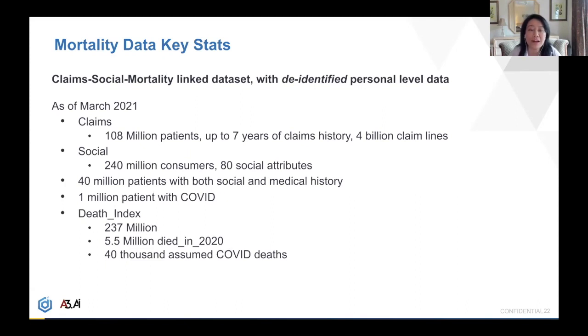About 5.5 million people have an indicator called died in 2020. And out of that, about 40,000 people are at the intersection of died in 2020 as well as the aforementioned medical records. So it's based on these subsets that we are building our models.